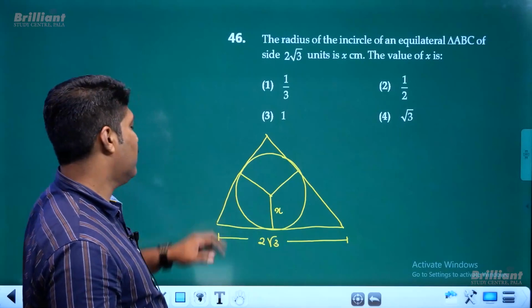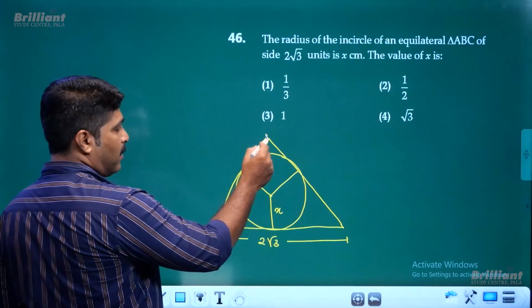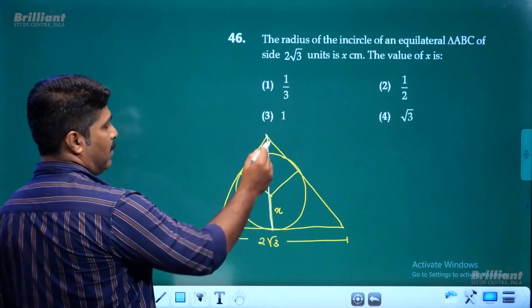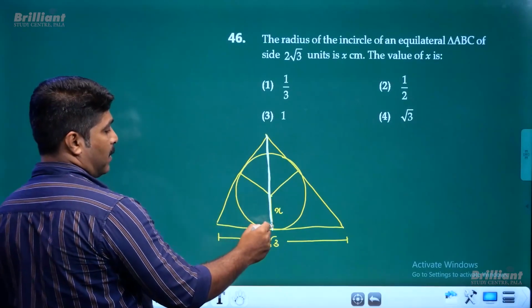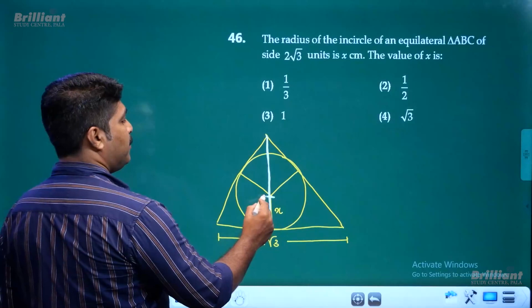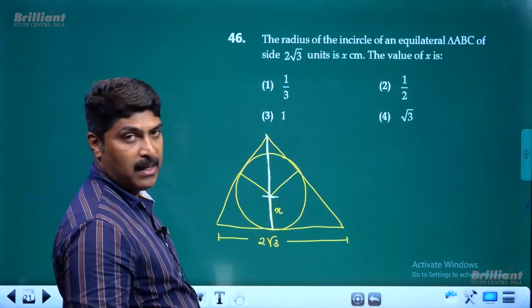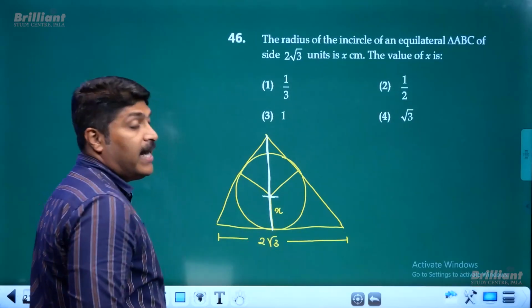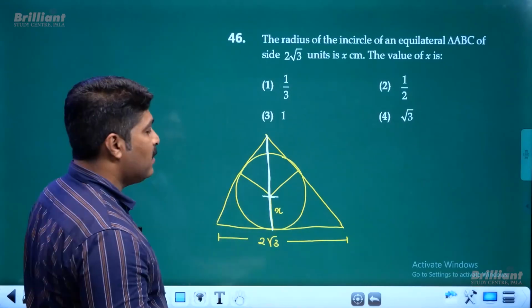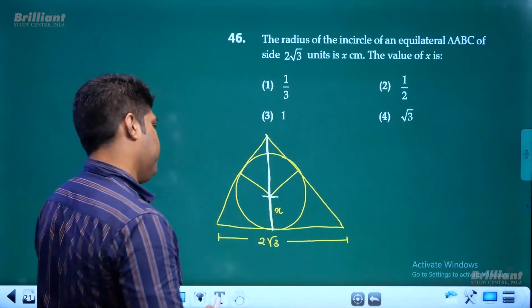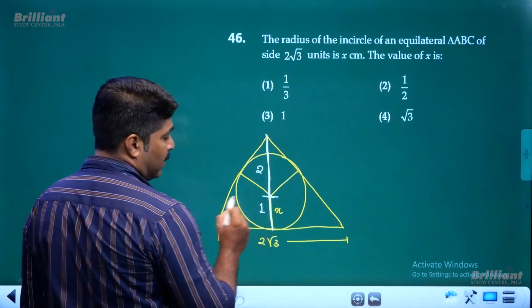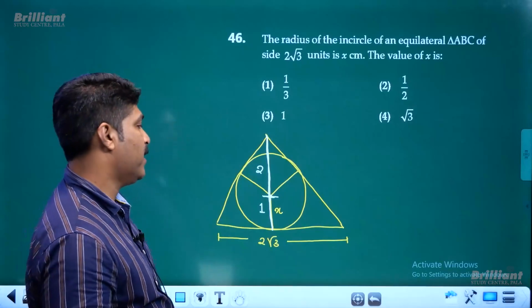Here we just consider the height or the altitude of this triangle. This altitude is separated by this incenter. This incenter in an equilateral triangle acts as a centroid also. So that's in the ratio 2:1.